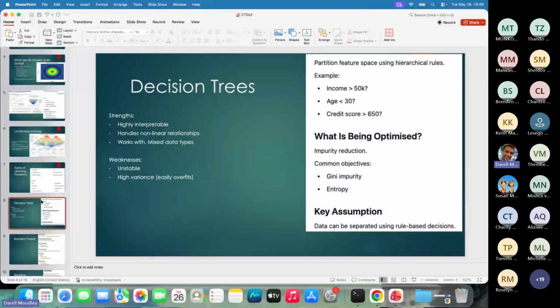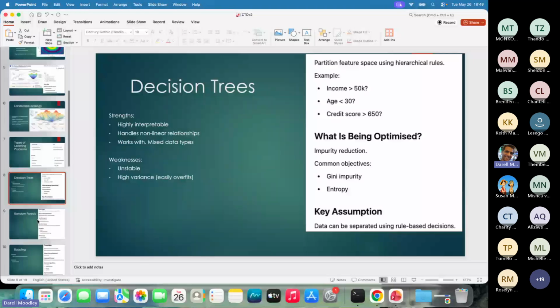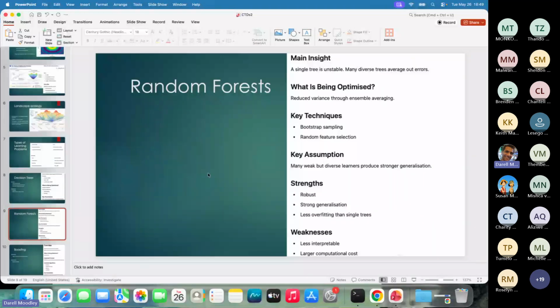So that's decision trees. Let's go to random forest, which is an extension of decision trees, because if you understand decision trees, then that's basically the building block for random forests. As I mentioned earlier, a single tree can be unstable, but to overcome that problem, you can combine many different trees. You can do that using a random forest.